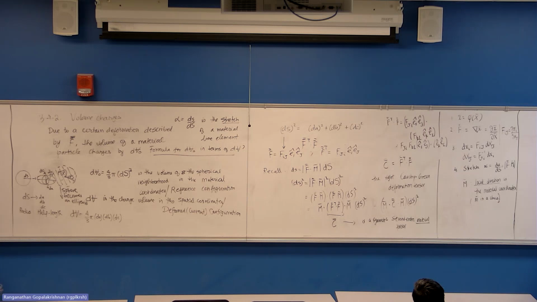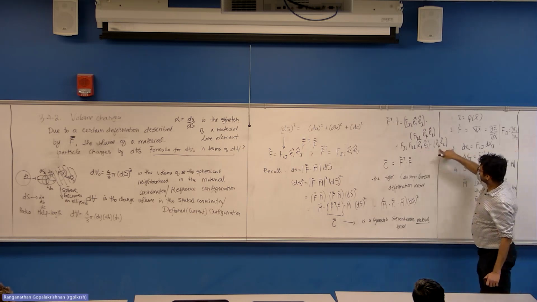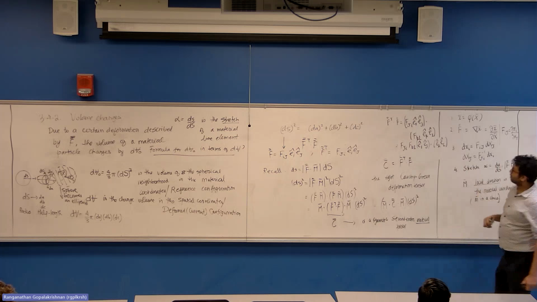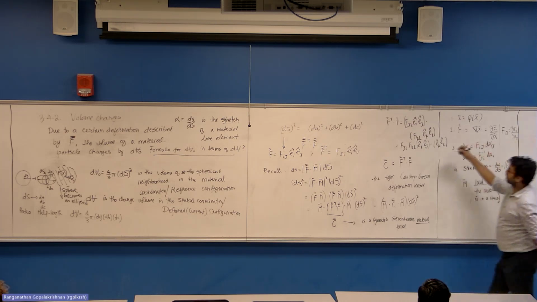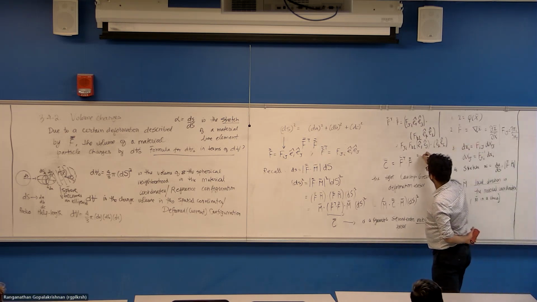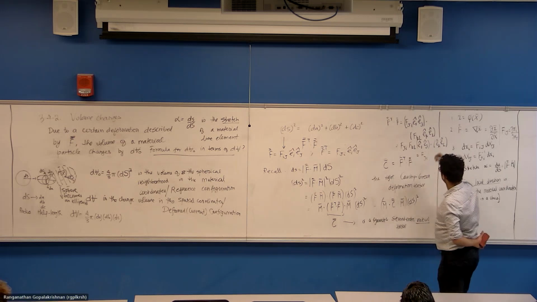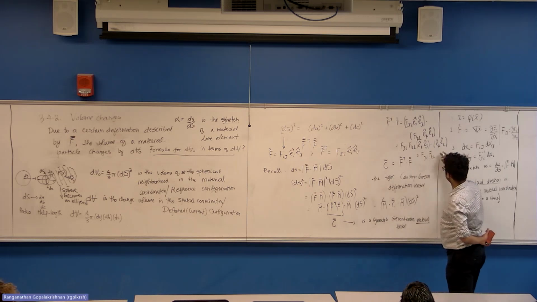Question is, should we dot i and k or should we dot j and l? You write this Fji Fkl.